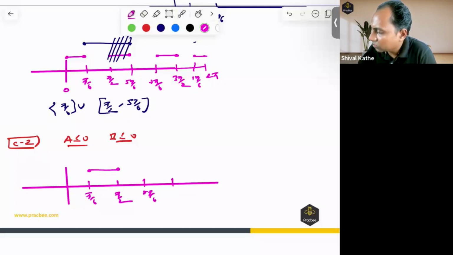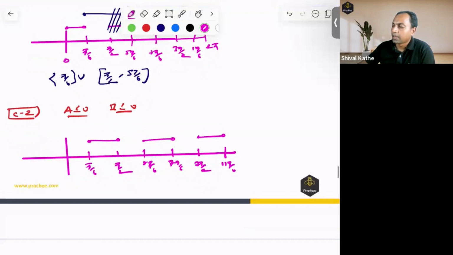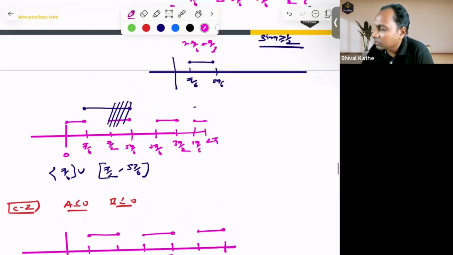So 5 pi by 6 to 7 pi by 6. It will be negative for these intervals. And then 3 pi by 2 to 11 pi by 6.